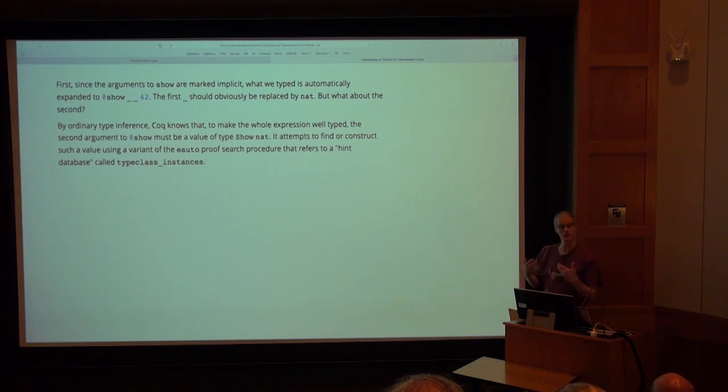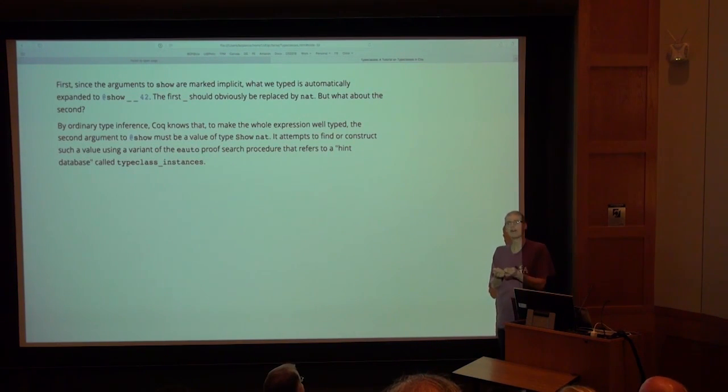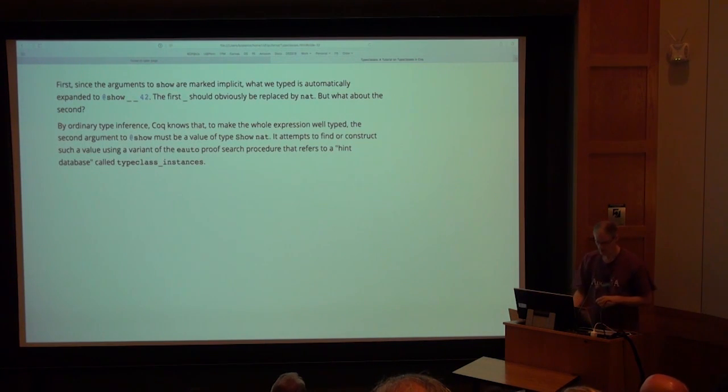So rather than just using unification, it's using essentially auto to try to construct evidence for the assertion that nat is an instance of show. So it's doing that using literally the auto proof search mechanism, using a special hint database called the type class instances hint database.